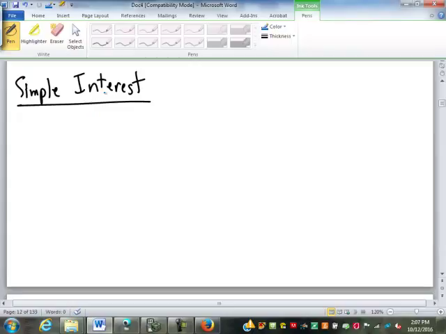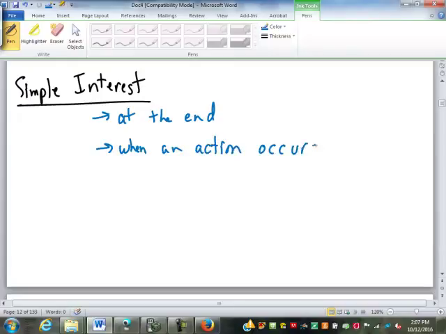And in simple interest, the interest is only calculated either at the end of the term or at the end of the time, or when an action occurs.